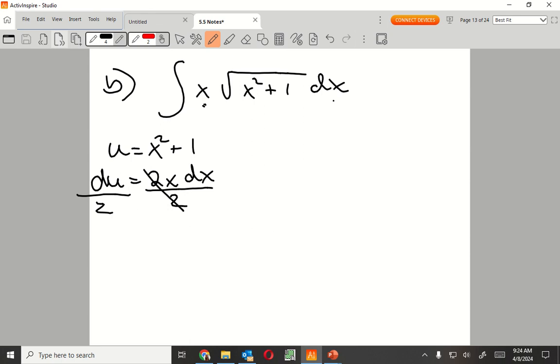I'm now going to have the integration of 1/2, because I'm pulling the 1/2 out, u to the 1/2 du, because that du over 2 is my 1/2 that I put out front.